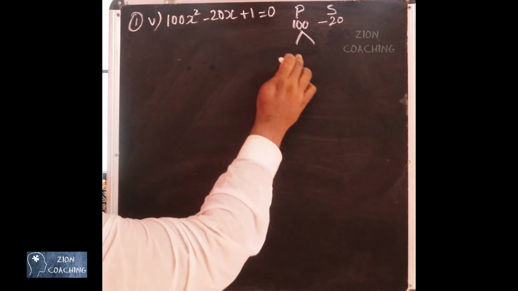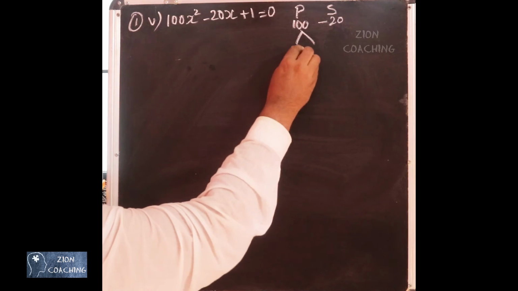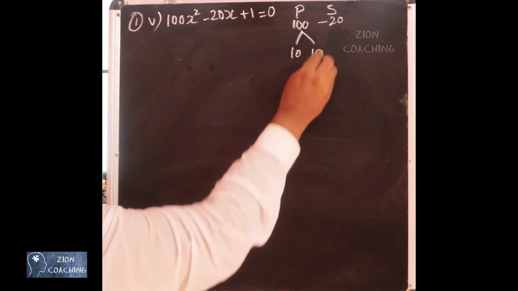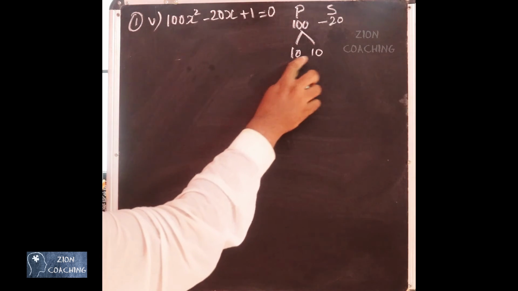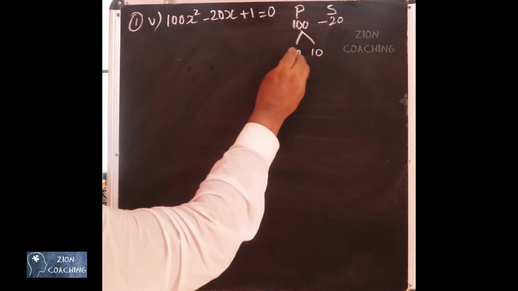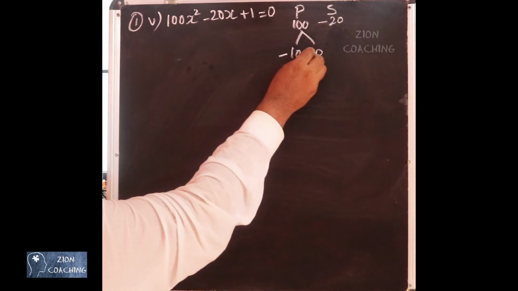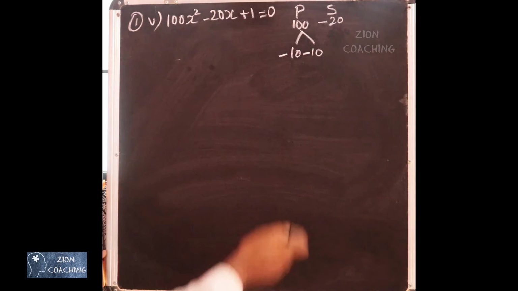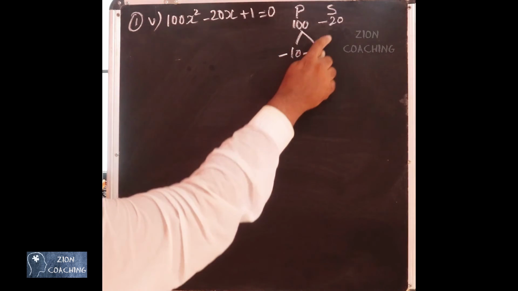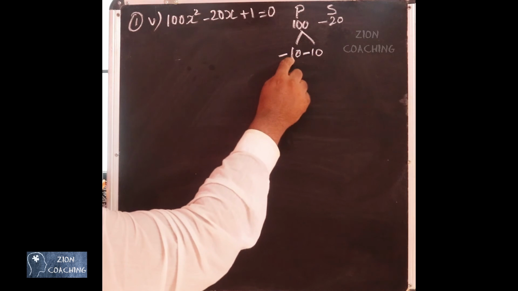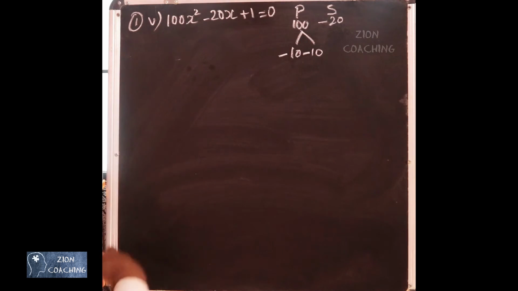So when you consider like this, then you will have 10 into 10. So 10 plus 10 is 20, but the sign there is minus. So both the numbers are going to have negative signs. Minus 10 minus 10 is going to be minus 20. Minus 10 into minus 10 is 100.